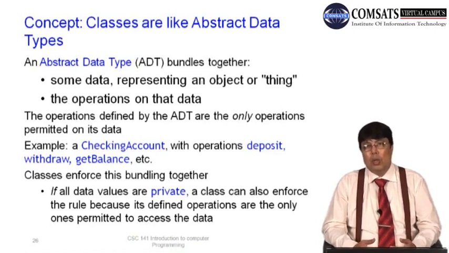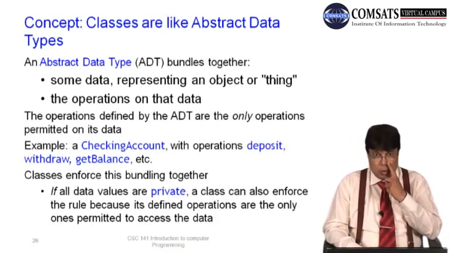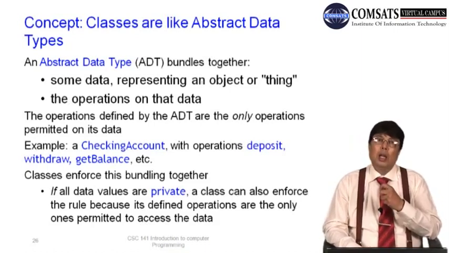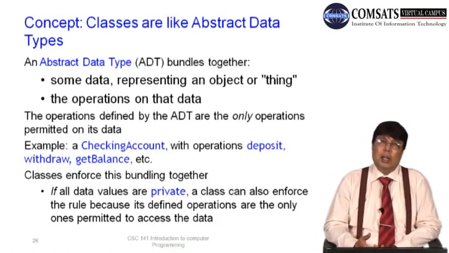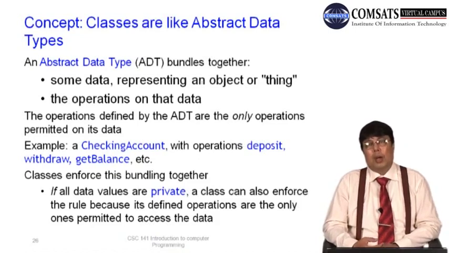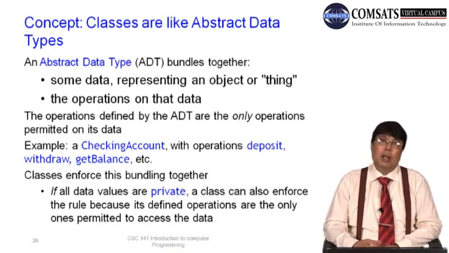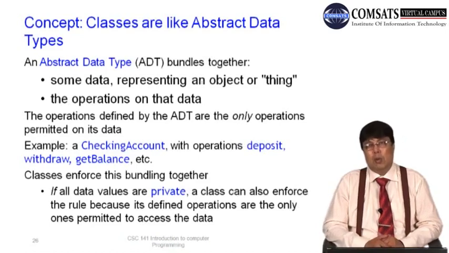So whenever a new client joins a particular bank, you will use the class checking account, and using this checking account you can create a client, and that client is an object. What can the client do? The client can deposit money, the client can withdraw money, and the client can ask you to provide the balance, what is the account balance of that particular client.